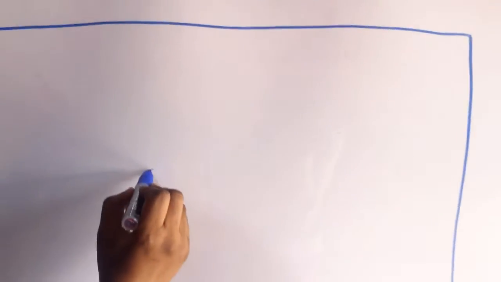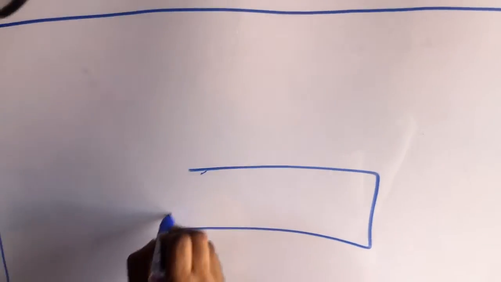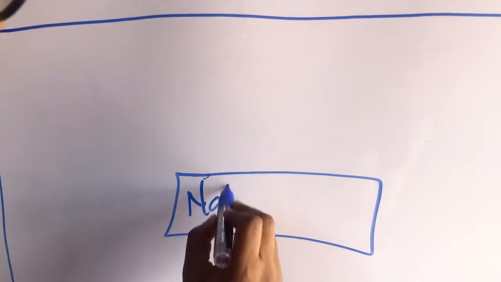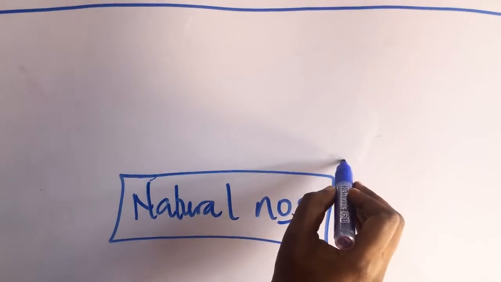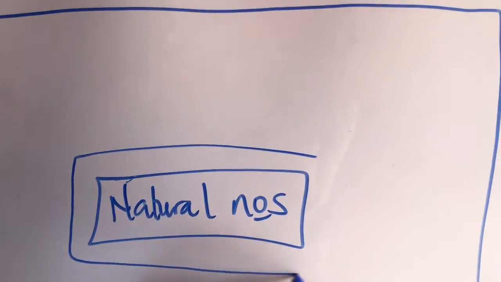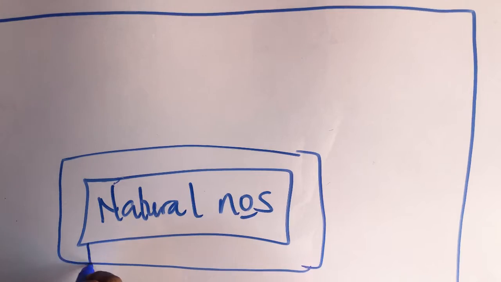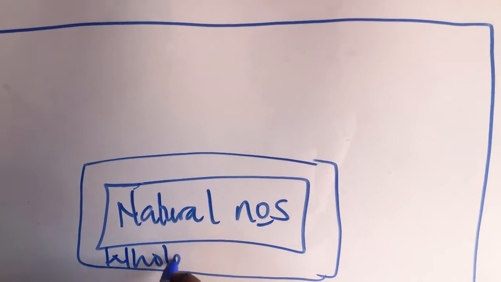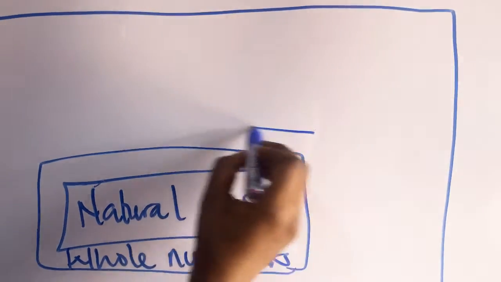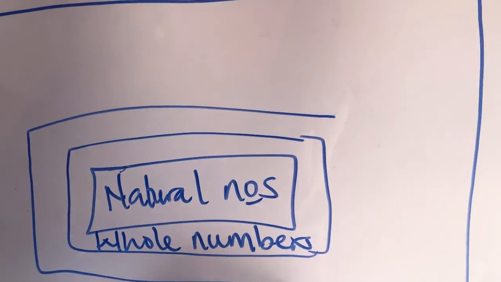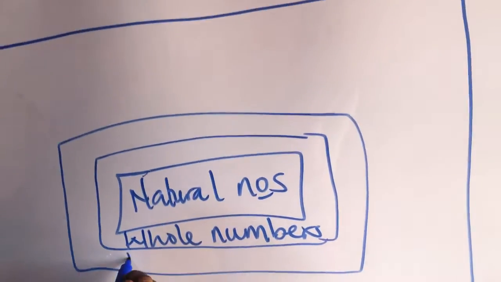At the middle, we have natural numbers, then whole numbers, integers.